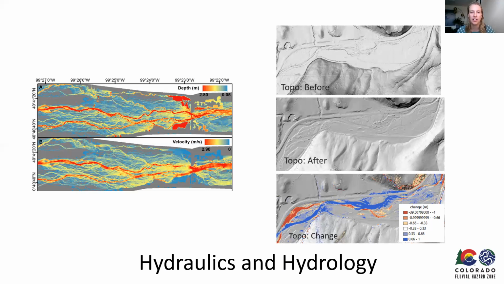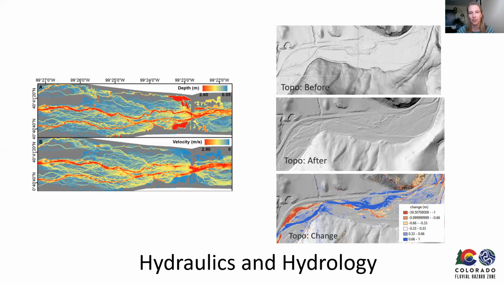But the other issue is when you have deposition of that sediment and that valley floor or that channel bed is raising by a meter or 2 meters in some instances, that means that your inundation mapping is dramatically underestimating the extent of flooding, because the channel effectively no longer exists in a lot of these locations.